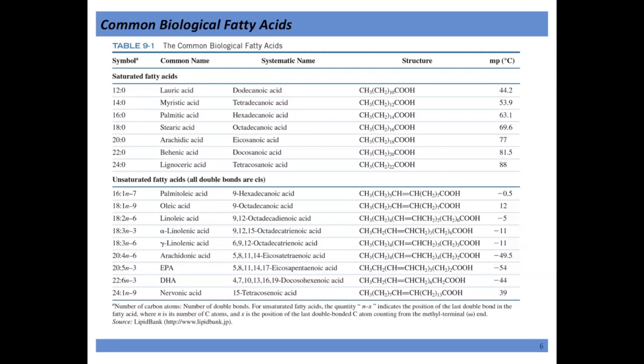And what this is indicating here, so it's 16 carbons, 1 double bond, and the position here, this N-7. You can see that down here for unsaturated fatty acids, the quantity N-X indicates the position of the last double bond in the fatty acid, where N is the number of carbons, so that would be 16 minus 7. So that would be that the double bond appears at position 9.